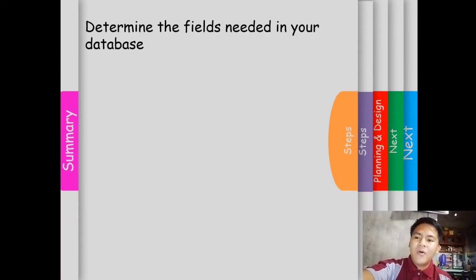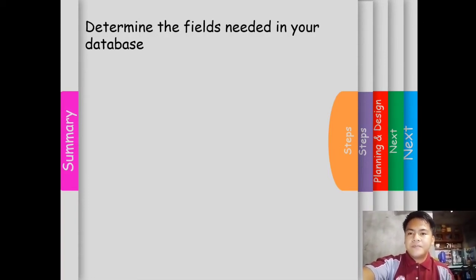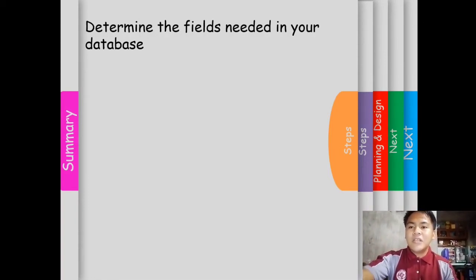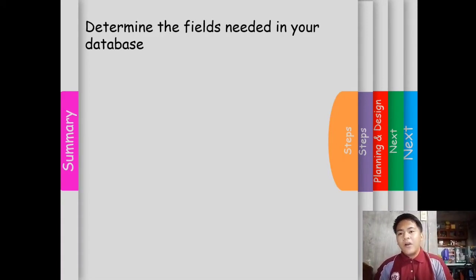So, we have now our objective. And based on our objective or based on the purpose of our database, malalaman natin kung ano ang magiging field names ng ating database. So, napaka-importante talaga ng purpose or objective of our database.